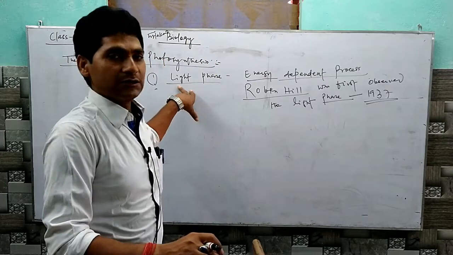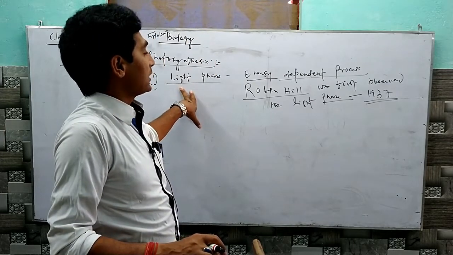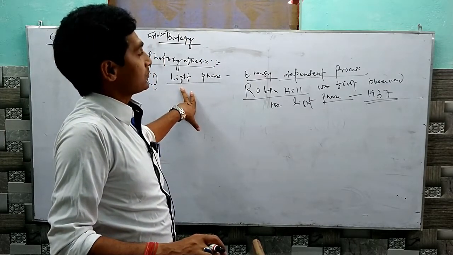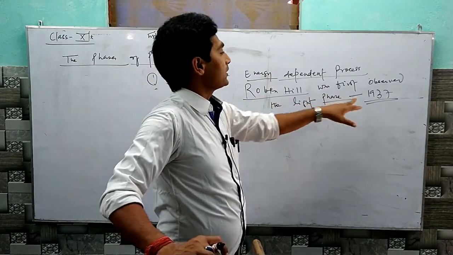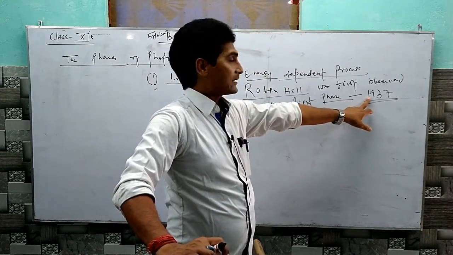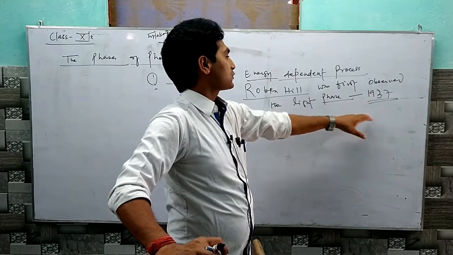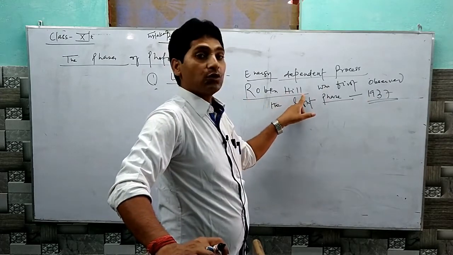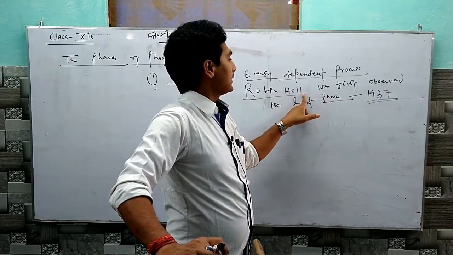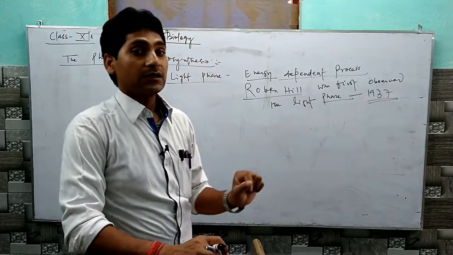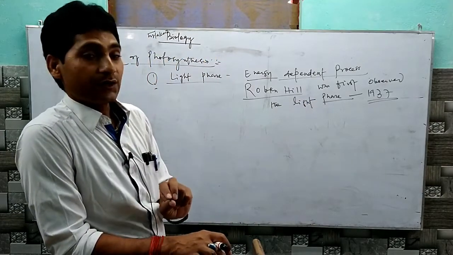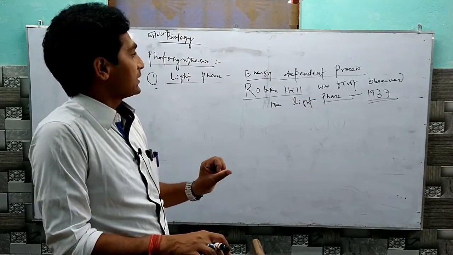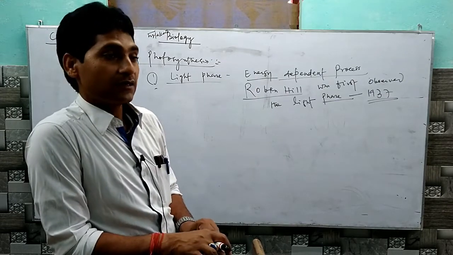Light phase is an energy dependent process, and it was observed by Robin Hill in 1937. So it is also called Hill reaction, and since it requires light, it is a photochemical reaction.